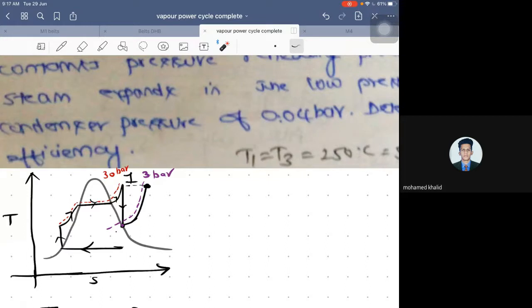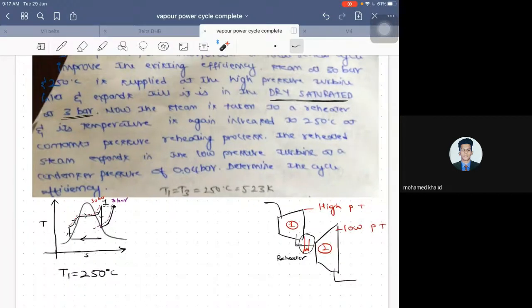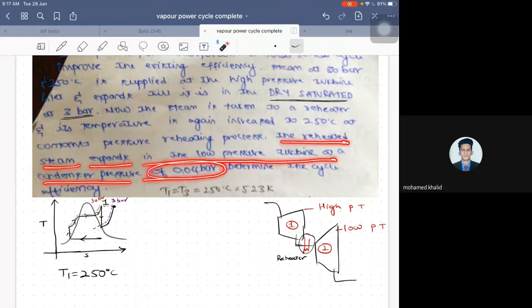Yes, sir. Good. Now, from here, after reheating, what happens now? The reheated steam expands in a low pressure turbine at a condenser pressure of 0.04 bar.